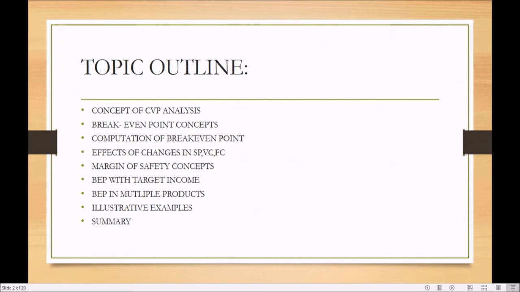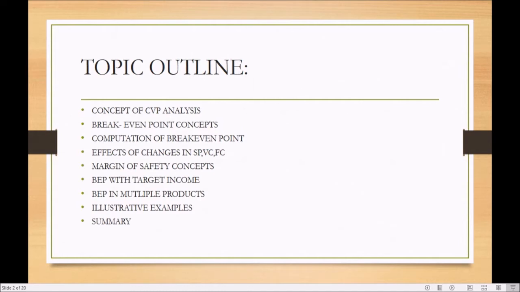So we will discuss briefly the concept of CVP analysis, and after that, we will discuss the break-even point concepts. Then, after we discuss the concepts on break-even point, we will proceed to how to compute the break-even point.